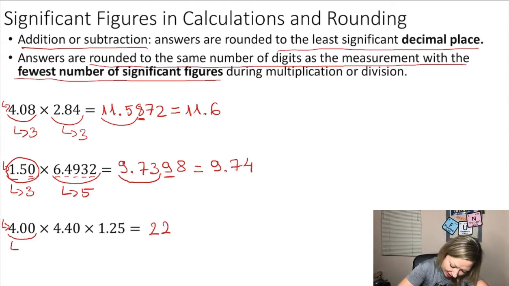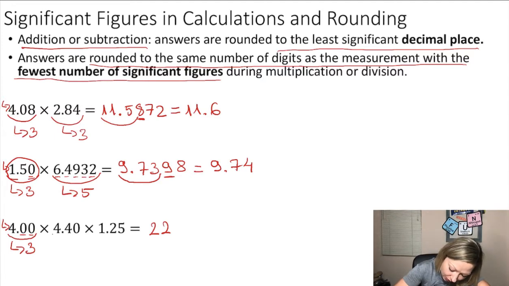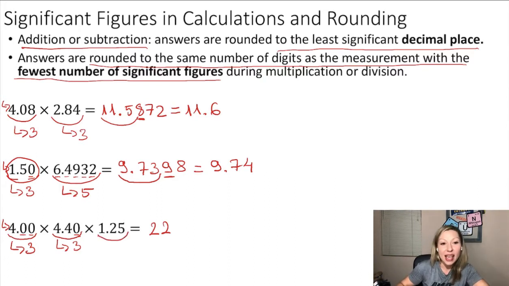Well, in this case, we have 3 sig figs because the zeros after the decimal point are significant. How many sig figs do we have in 4.40? Again, 3 significant figures because the zero after the decimal point is significant. How about 1.25? Again, 3 significant figures.